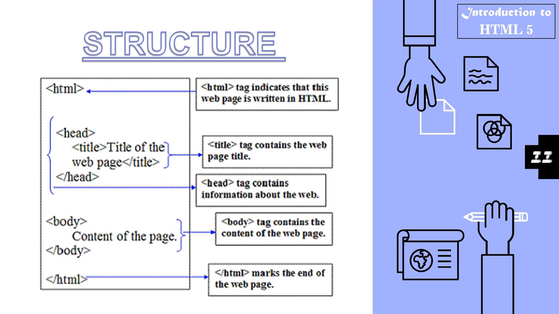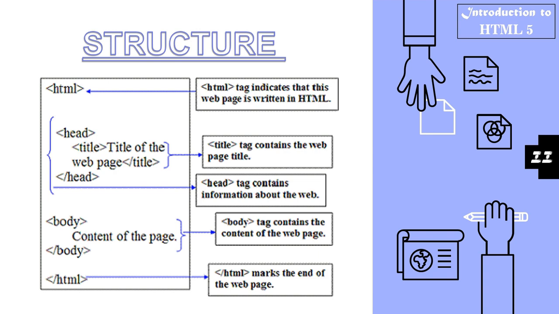And the word markup, as I explained, means the tags are self-explanatory about which part of the HTML page we are talking about, or it describes the section of the HTML page. You can see on the very left-hand side, this is how our HTML page looks. The first tag, that is the HTML tag, will tell that the page is written in HTML language, and it is mandatory. We will start from the HTML tag every time.